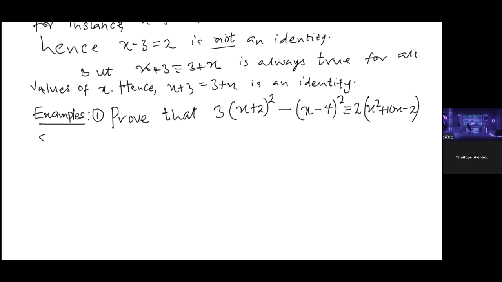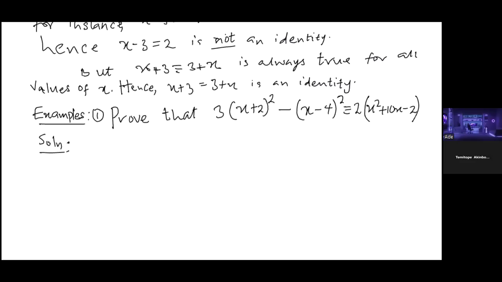So to prove an identity, to prove that an identity exists from this expression, you prove the left-hand side to obtain the right-hand side, or you prove the right-hand side to obtain the left-hand side. Is that clear?